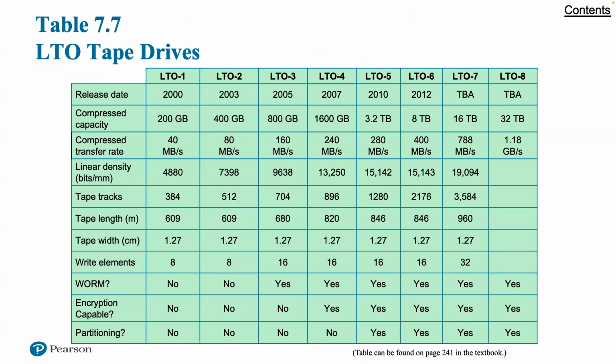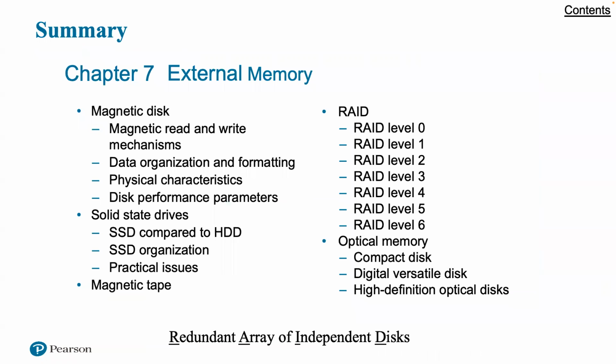The dominant technology today is a cartridge system known as linear tape open, LTO. LTO was developed in the late 1990s as an open source alternative to various proprietary systems on the market. And table 7.7 shows the parameters for the various LTO generations. I won't go through that, but you can feel free to look over that at your leisure.